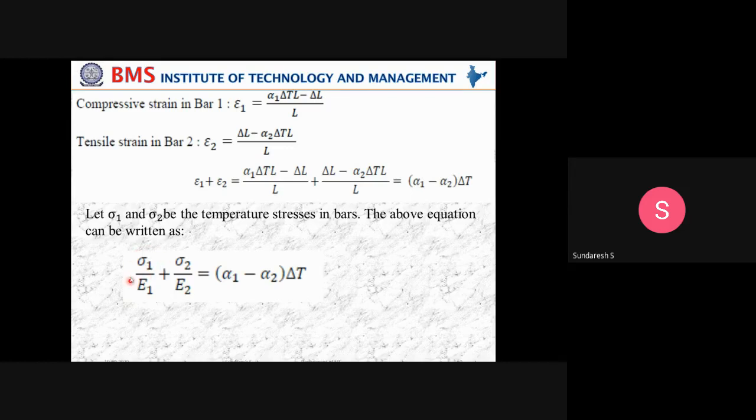Right. So now the only unknown term in this expression will be sigma 2. So we can easily determine sigma 2. And once we get sigma 2, then making use of this expression, we can get sigma 1. So this is how generally we analyze the temperature stresses in a composite pipe. Is it clear, my dear students?